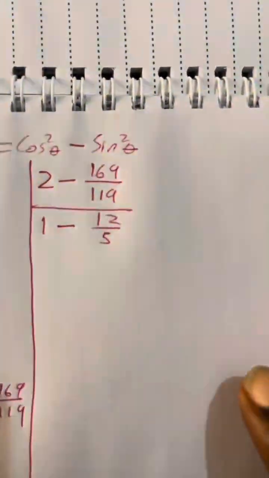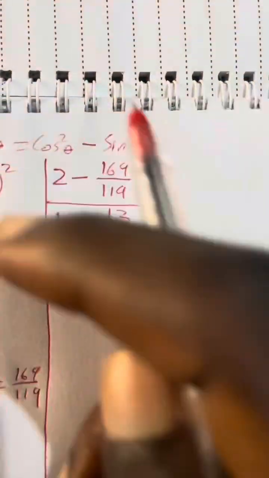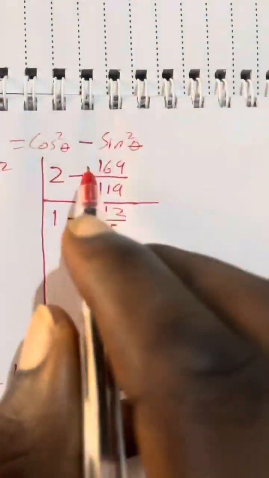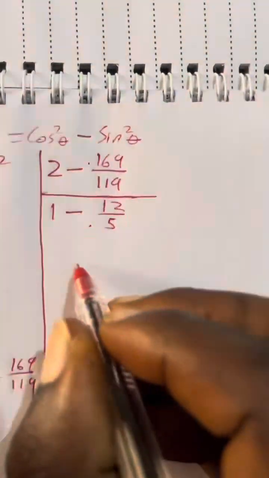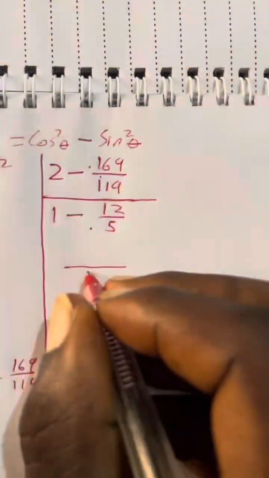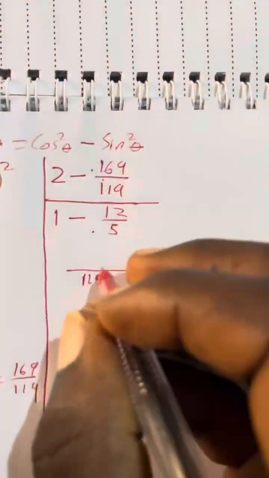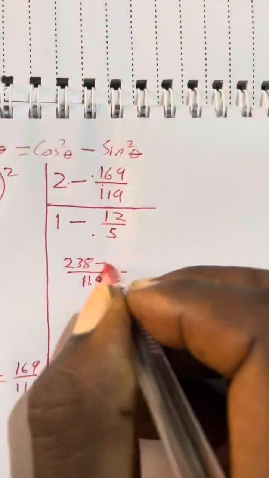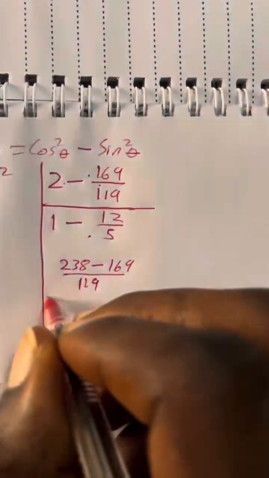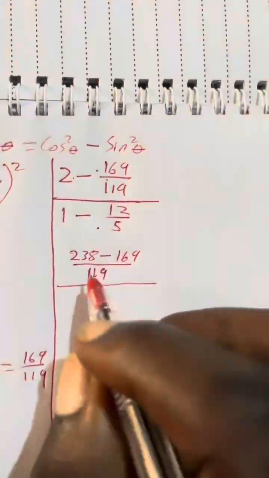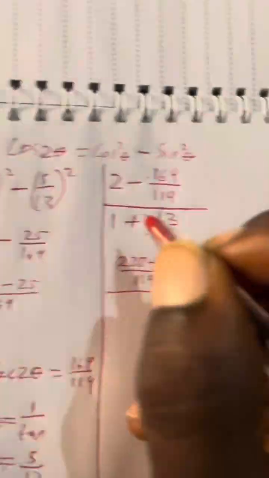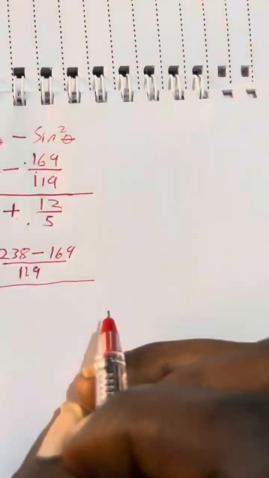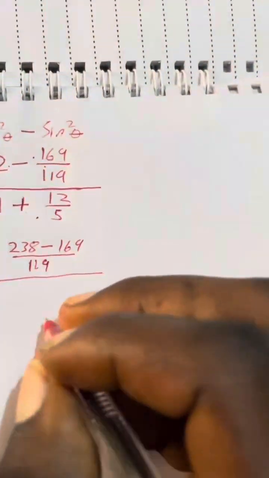So let's simplify, doing the numerator and denominator separately.